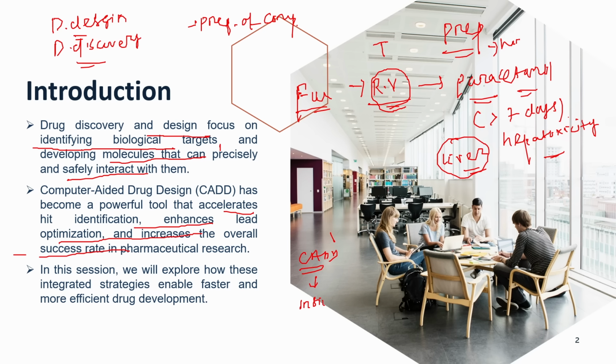We use some sort of software to predict whether the drug molecule which we have hypothetically designed will affect the receptor. In this session, we'll explore how these integrated strategies enable faster and more efficient development. Okay, taking you to the next slide.